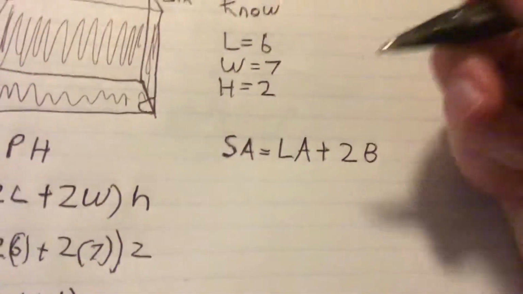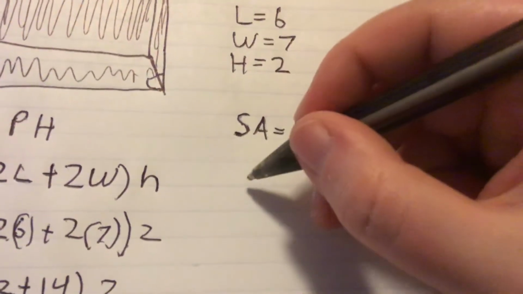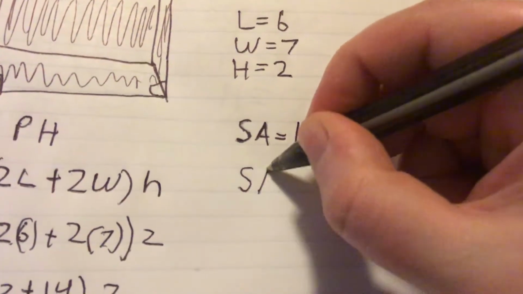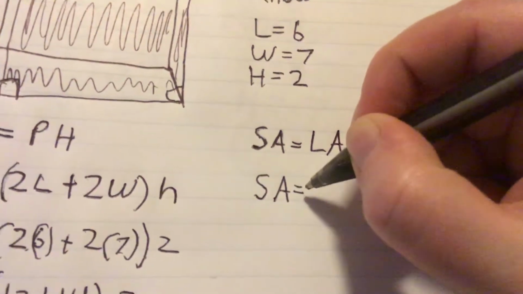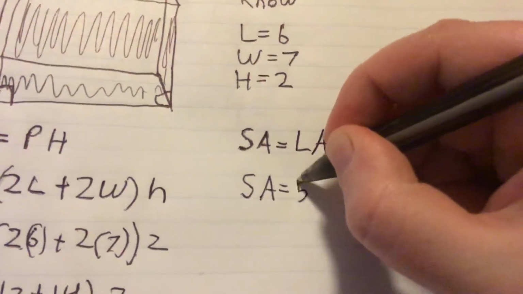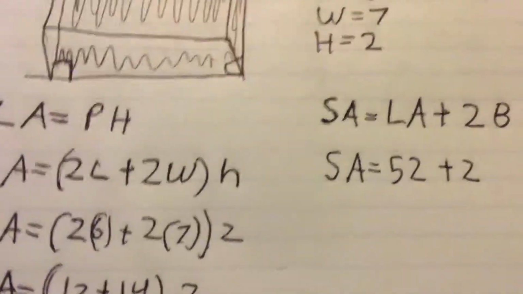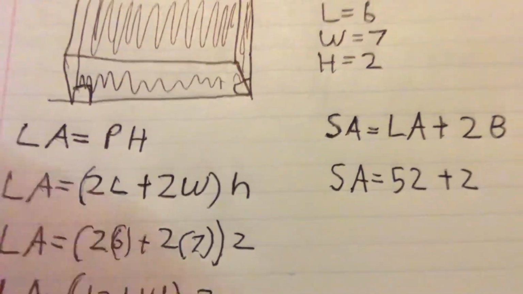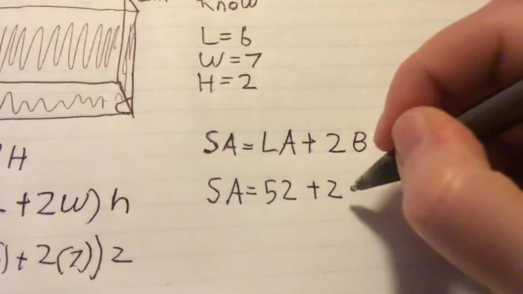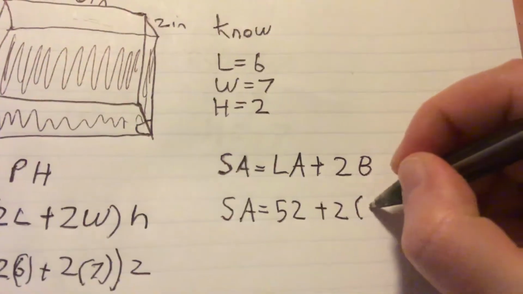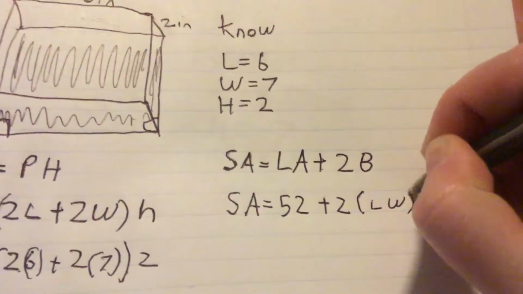So then we move on to plugging in numbers. So LA equals 52 plus 2 times your base is length times width, so LW.